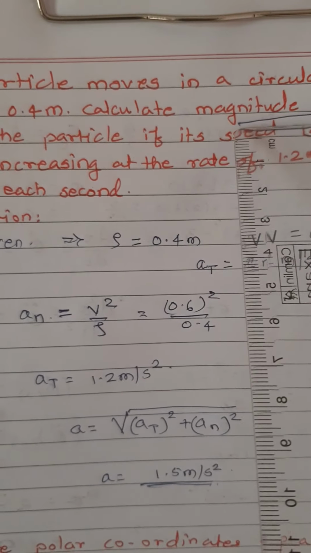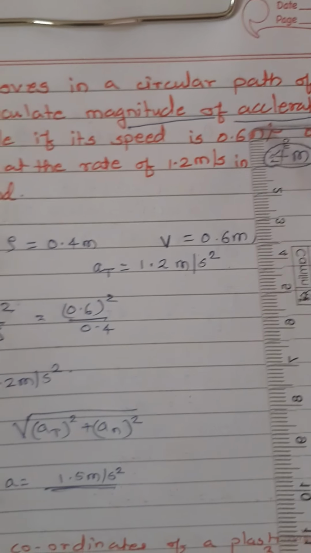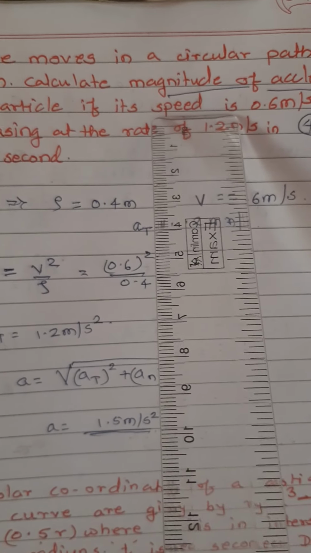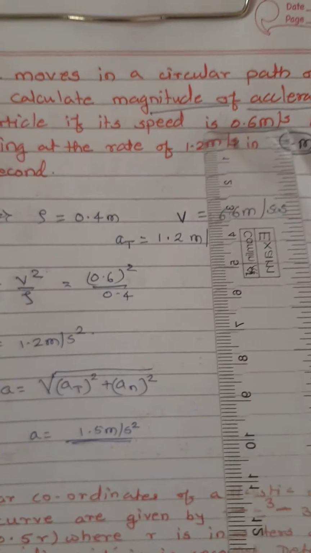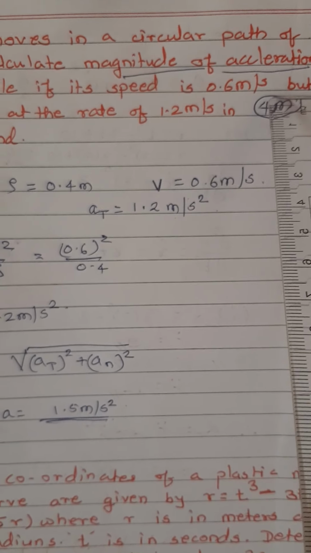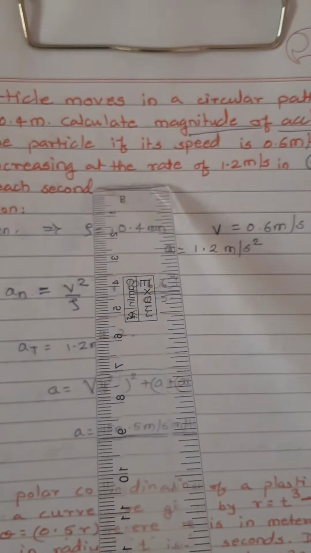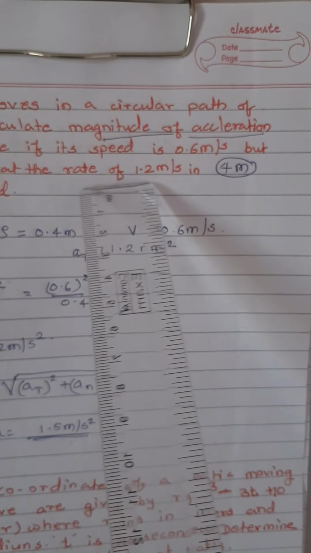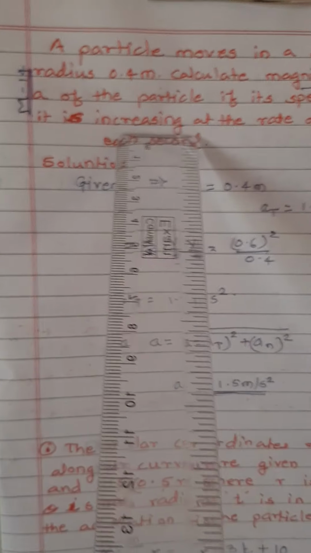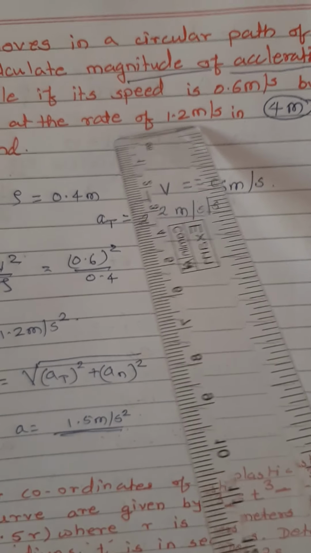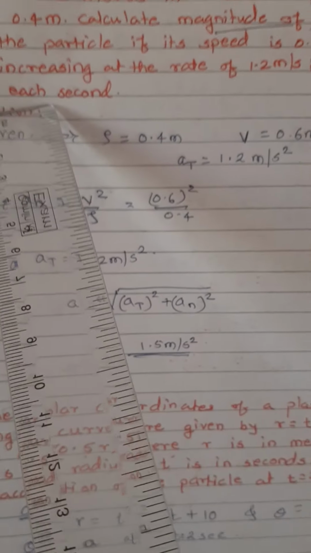Calculate the magnitude of acceleration A of the particle if its speed is 0.6 meters per second, but it is increasing at the rate of 1.2 meters per second in each second. This is the important part.